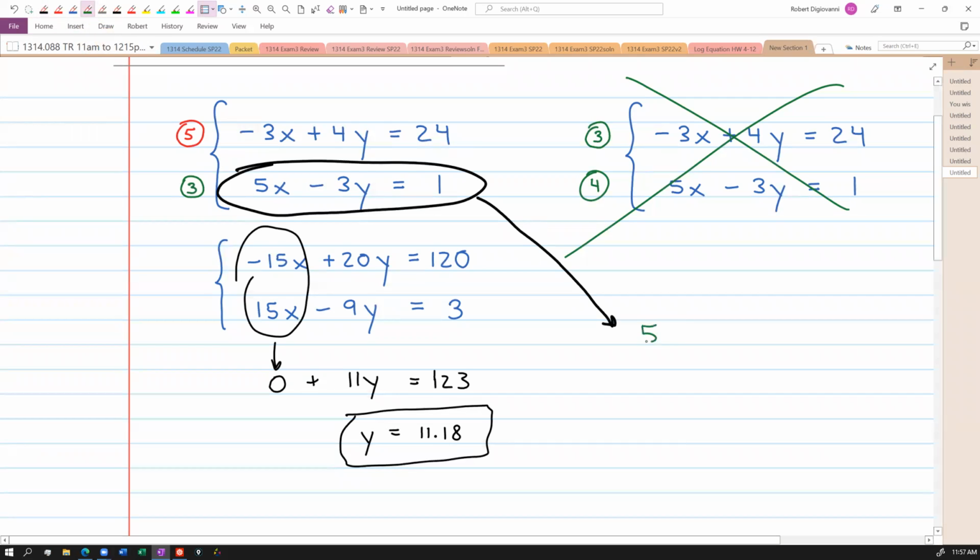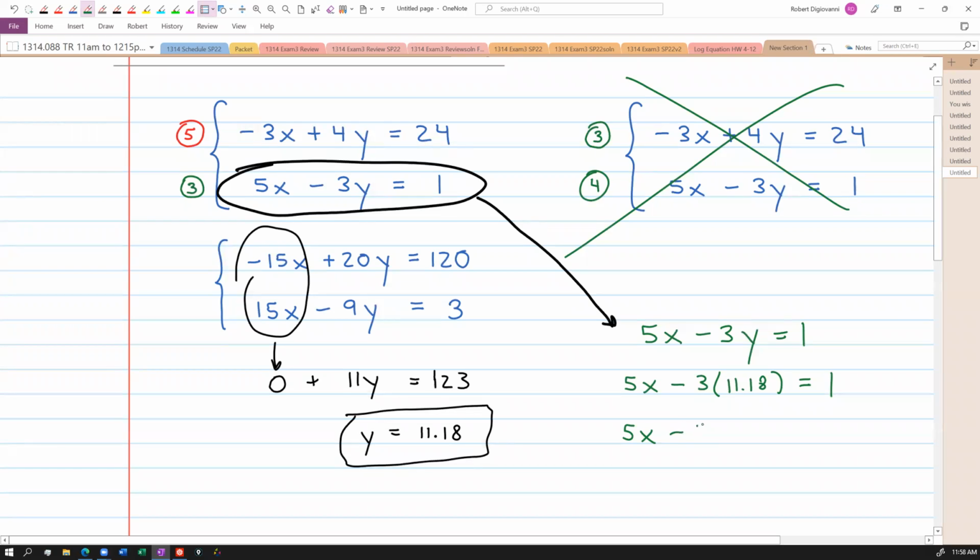Okay, 5x minus 3y equals 1, right? And I want to replace y, not x. I want to replace the y with 11.18 equals 1. So 5x, that is going to be a minus. So I have to do 11.18 times 3.